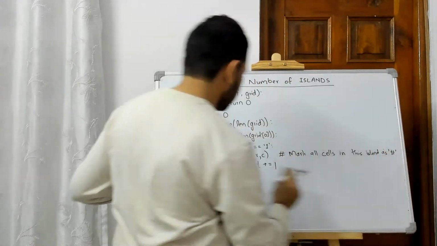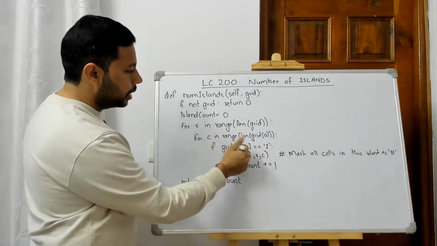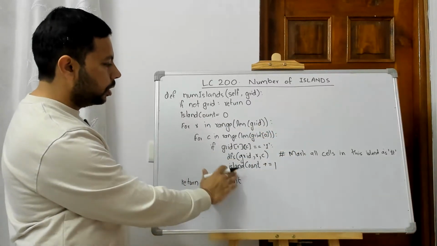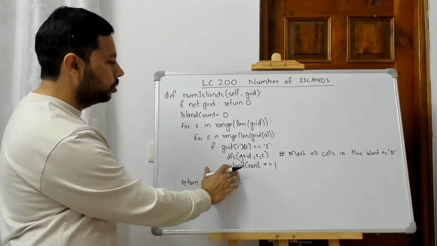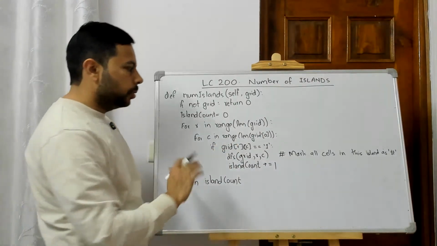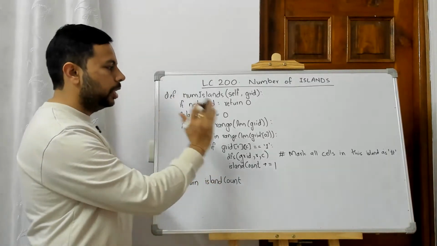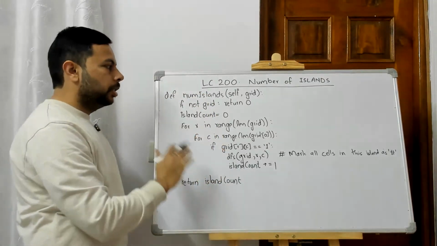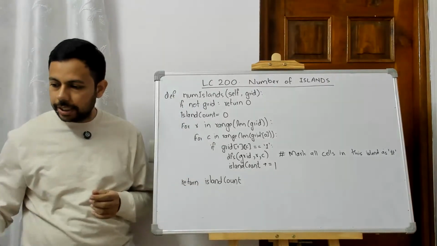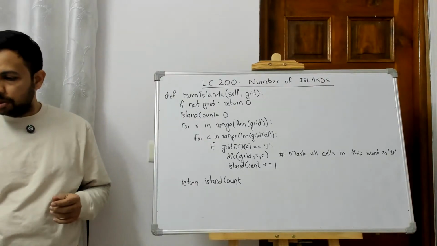So this DFS will mark all the cells in this island, whatever island this row and column belongs to, as hash, and then it will count that island as 1. So next time any of the cells will not be running DFS again. Once you run DFS for a single island, you don't run it for any of its nodes again. So that's the main function.